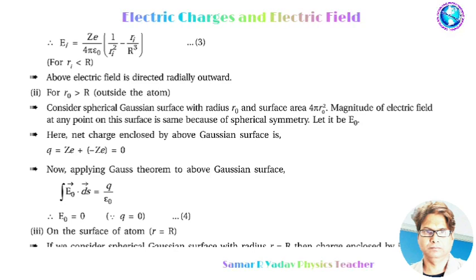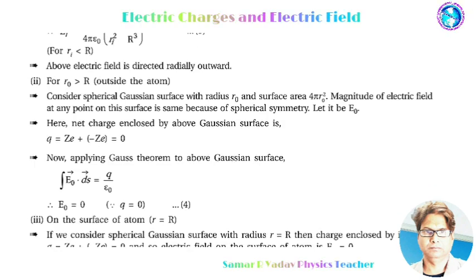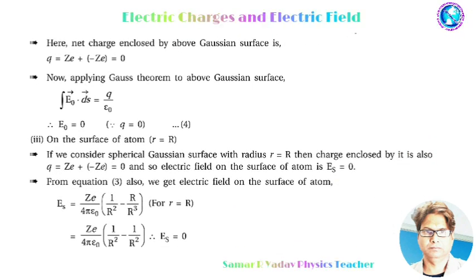Here the net charge enclosed by the above Gaussian surface is q is equal to capital Ze plus in bracket minus capital Ze, both are cancelled, is equal to 0. Now applying the Gauss theorem to the above Gaussian surface, integration of vector E0 dot vector ds is equal to q upon epsilon 0. E0 is equal to 0, therefore q is equal to 0.